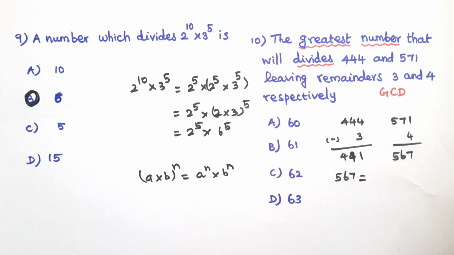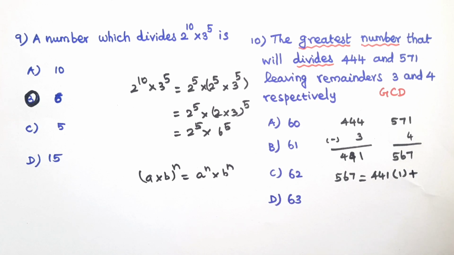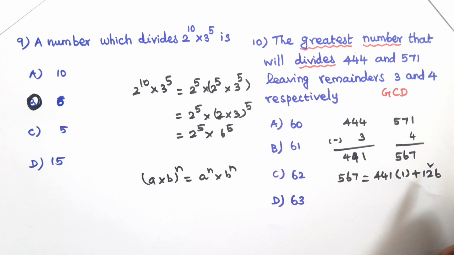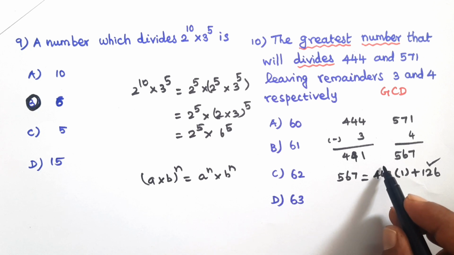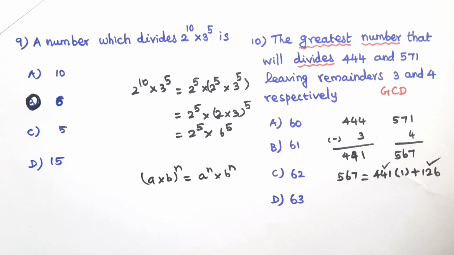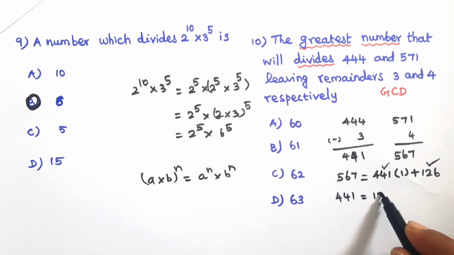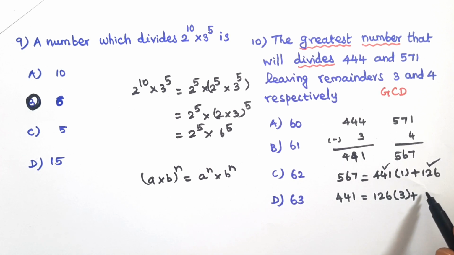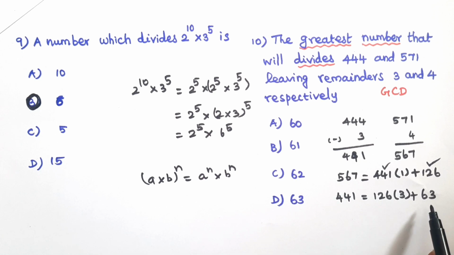567 is equal to 441 into 1 time, remaining 126. Remainder is not 0, so move on with the same steps. Take 441 as the A value and 126 as the B value. So we write 441 is equal to 126 into 3 times, remaining 63. 3 times 126 is 378, remaining 63.